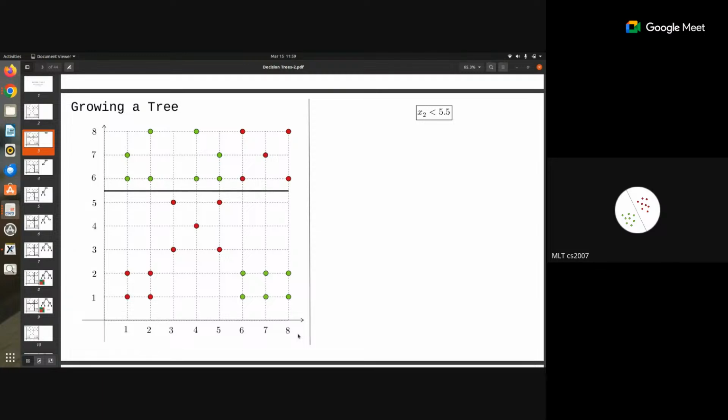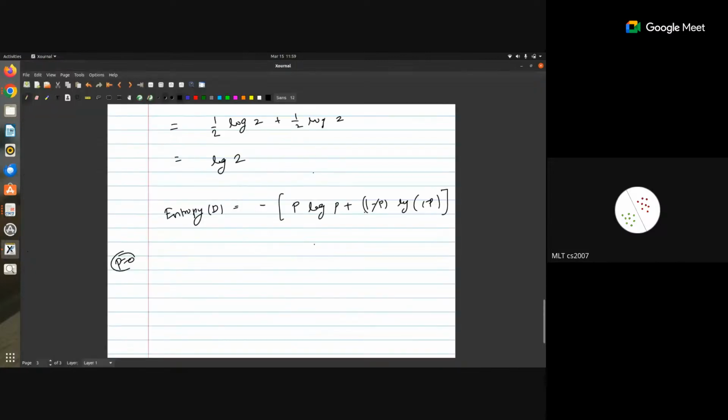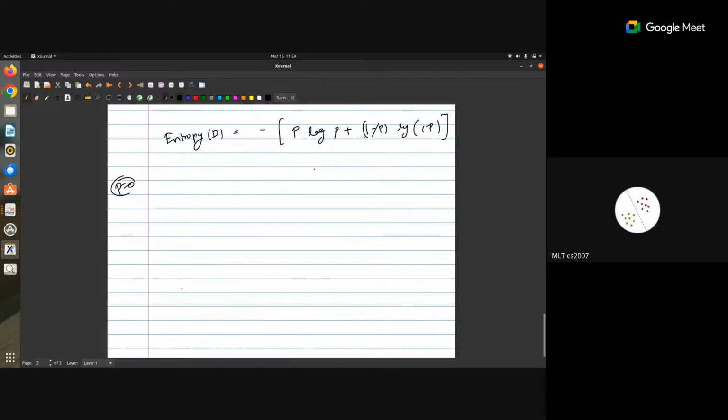Right, because we need to find out whether we are actually going in the correct direction or not. If the entropy remains the same and does not change, then we are not going in the right direction. So we need some metric to say that whenever we are traversing a tree, we are traversing in the correct direction.